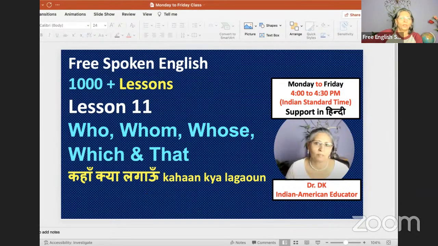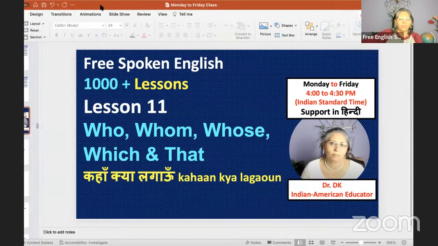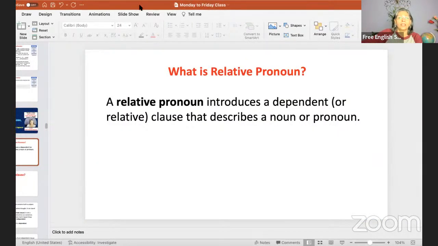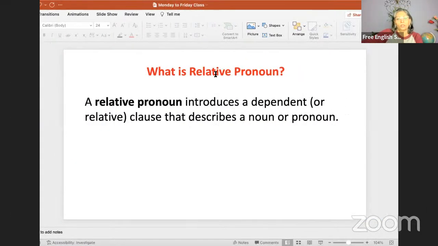Okay, so let's talk about, first of all, these are the relative pronouns. So what does a relative pronoun mean, right? A relative pronoun introduces a dependent or relative clause.